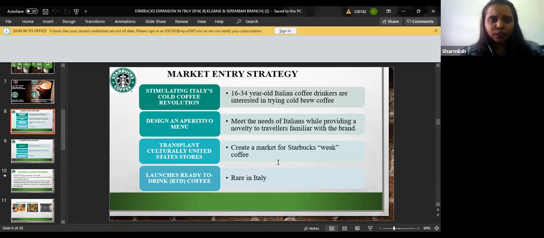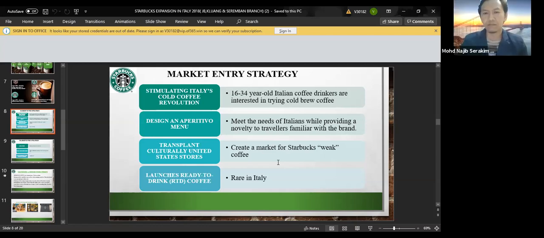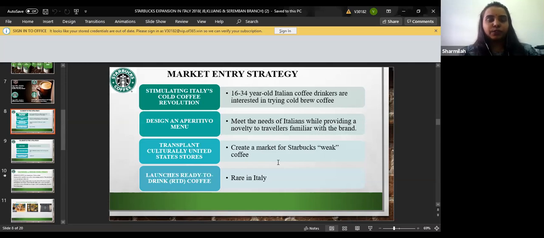So Starbucks designed an aperitivo menu to meet the needs of Italians while providing a novelty to travelers familiar with the brand. Like us Malaysians, if we go to Italy, we will understand the meaning of this aperitivo menu.